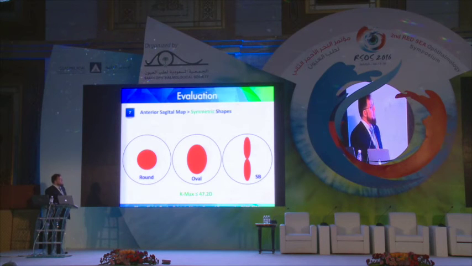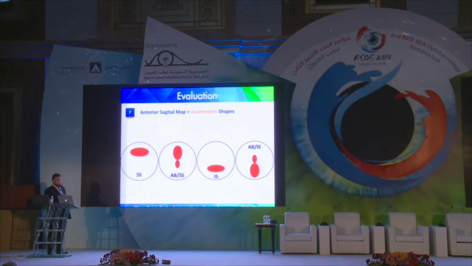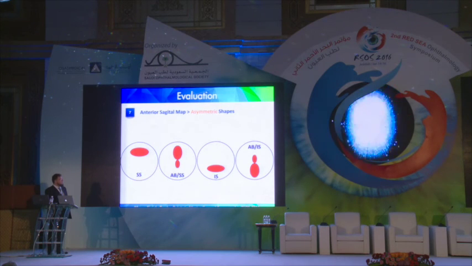These shapes are considered normal when the Kmax is below the cutoff point. Coming to the asymmetric shapes, we have the superior steep when we have a superior hotspot, asymmetric bow tie, superior steep, inferior steep, and asymmetric bow tie, inferior steep.